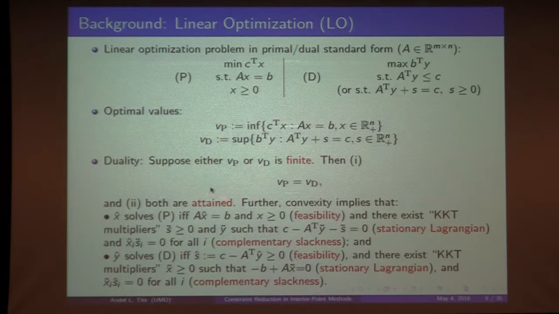A very important result about linear programming, which to some extent holds for convex optimization in general, but there's a little more in the context of linear programming. Suppose that either this one or this one is finite. By the way, they could be not finite, there are two ways this may happen.